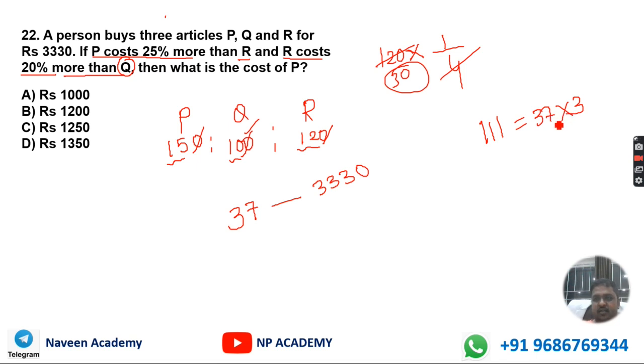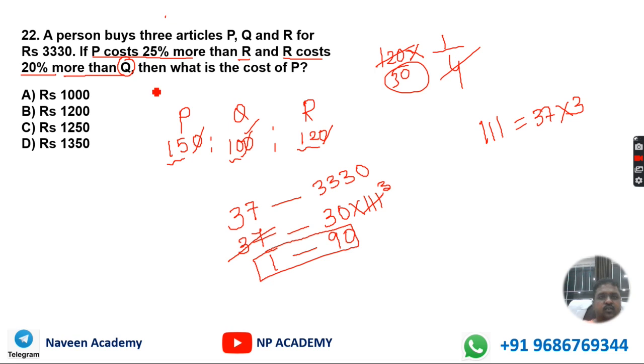So 3330 can be written as 30 into 111. So 37 parts is equal to 30 into 111. 37 ones are 37, 37 threes are 111. Then one part is equal to 30 into 3, which will be 90.